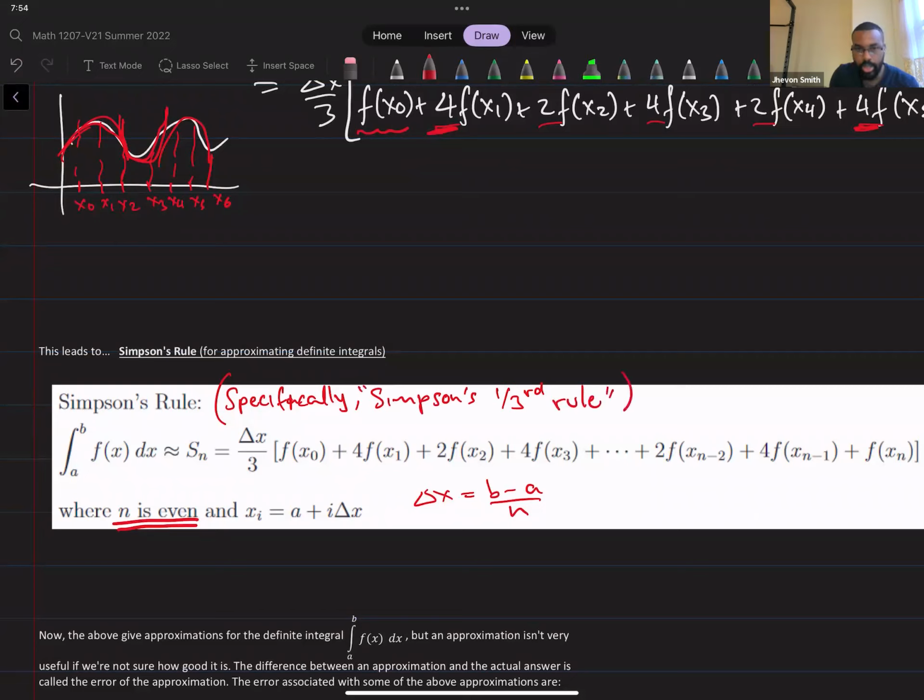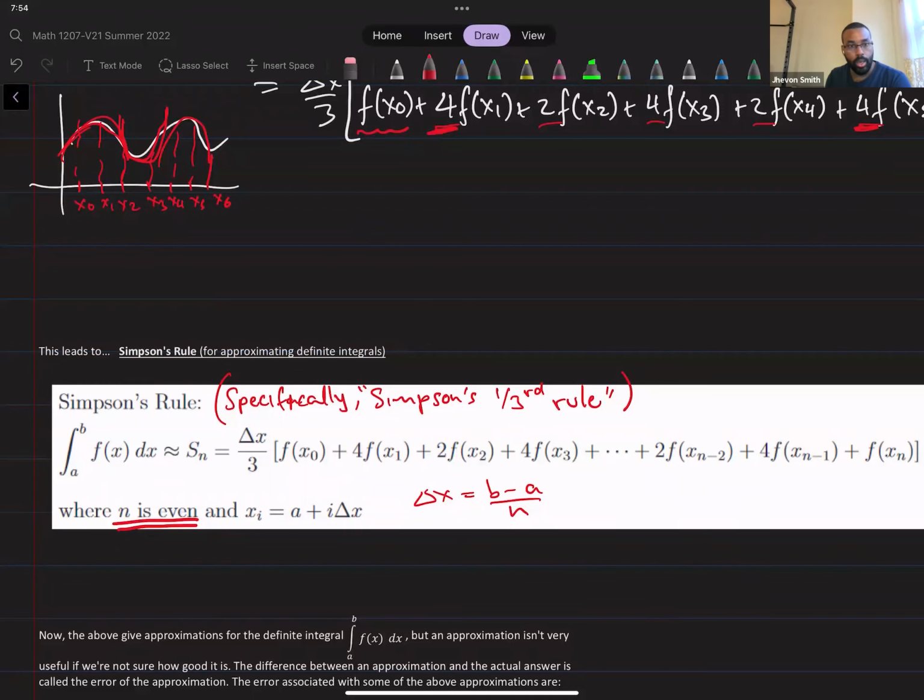Because there are others, right? You can actually do constructions with cubics and quartics and higher, but the one with quadratic is called Simpson's 1/3 rule. And that's because of the 3 endpoints on the interval.